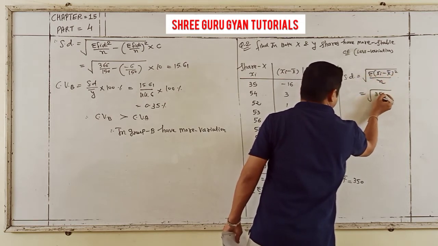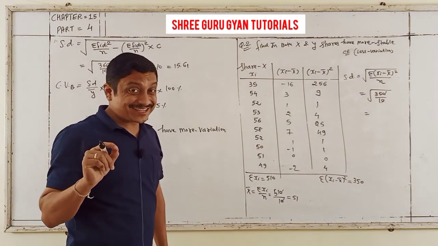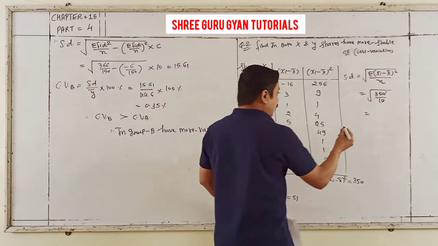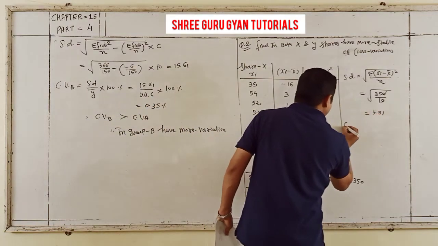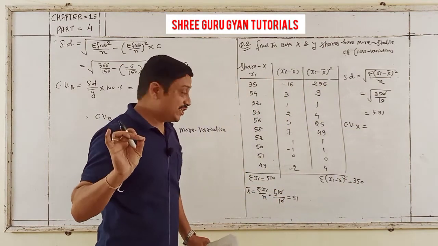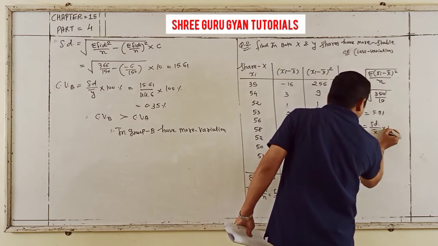It is 350, n is 10, 35 square root. It is nearest to 5 point something. Yes, it is 5.91.